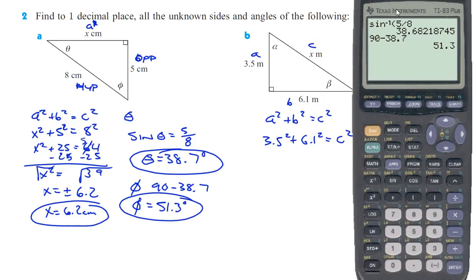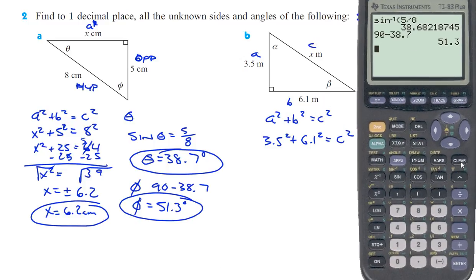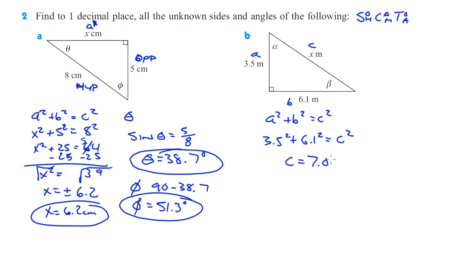So let's see what we get for that there. 3.5 squared plus 6.1 squared gives us 49.46. So then we square root our answer. And we get 7.03, and it's just one decimal place, so c is going to equal 7.0 meters. Okay, so really that's not c, but x. Let's call that x, because that's what it is up here, right?